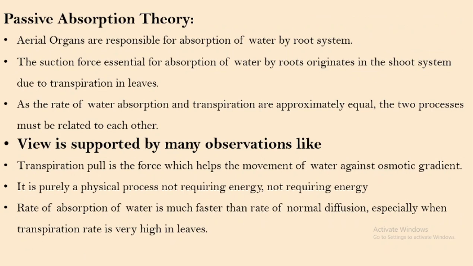When we see the passive absorption theory, it suggests that aerial organs, that is leaves, are responsible. In leaves there is transpiration, and due to transpiration a suction pressure or suction force is developed, which is essential for absorption of water by roots, and originates in the shoot system.